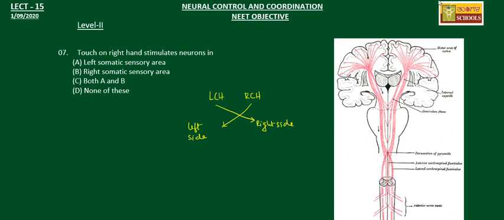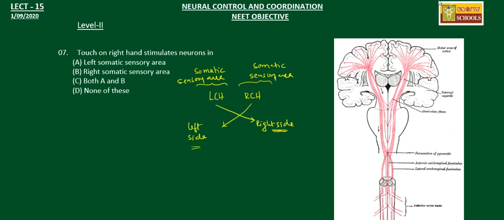These cerebral hemispheres have the somatic sensory areas. So the somatic sensory area of the left cerebral hemisphere controls the right side, and similarly, in the right cerebral hemisphere, the sensory area will be on the left side.